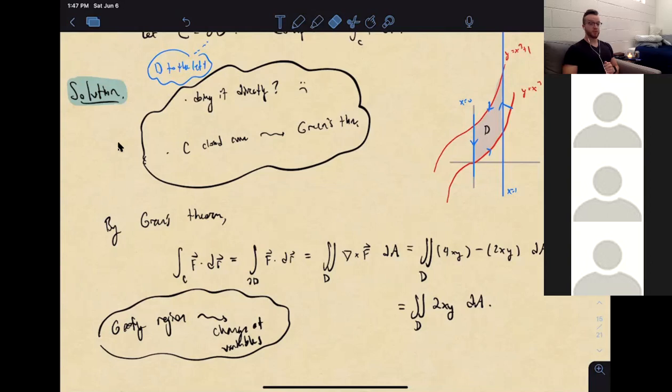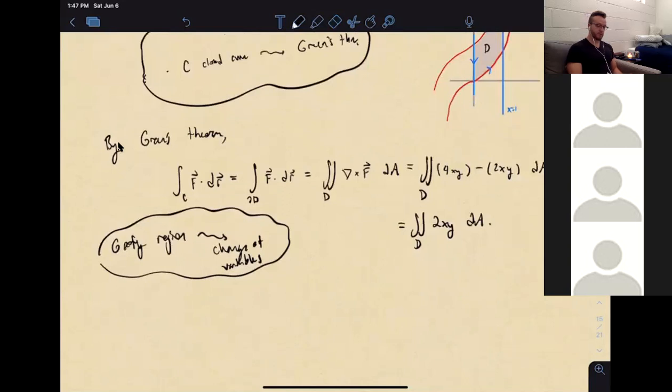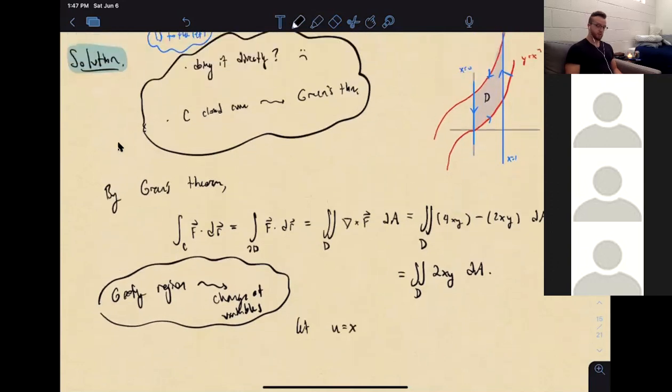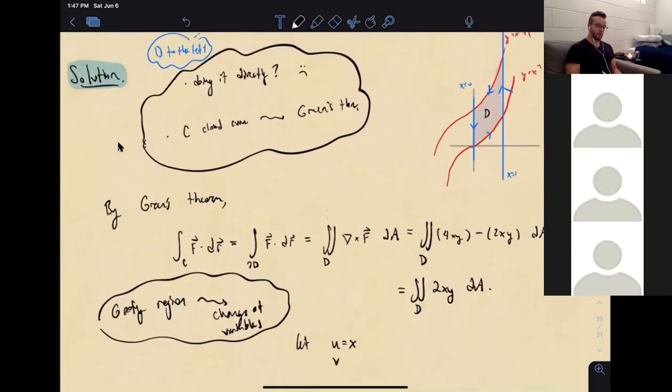One of the things we could do is say the x direction is pretty nice already. Like it's just here and here. So maybe we don't need to do anything too intense there. Maybe I'll just let x be, gonna write it like this. What if I just let u be x? What would be a good thing to call v?